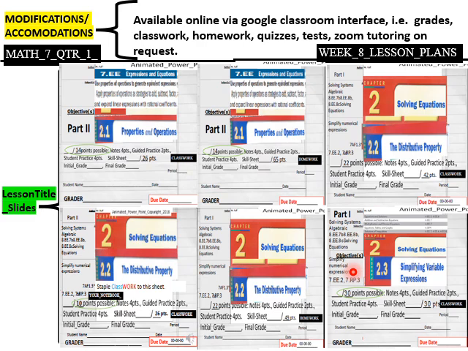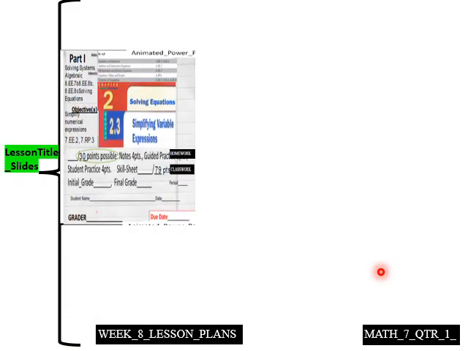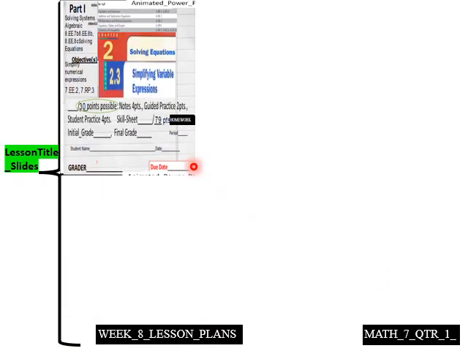And then down to our next page here of assignments, and we got 2.3 of homework, and that's 79 points here for homework for Part 1 homework for 2.3, simplifying variable expressions.